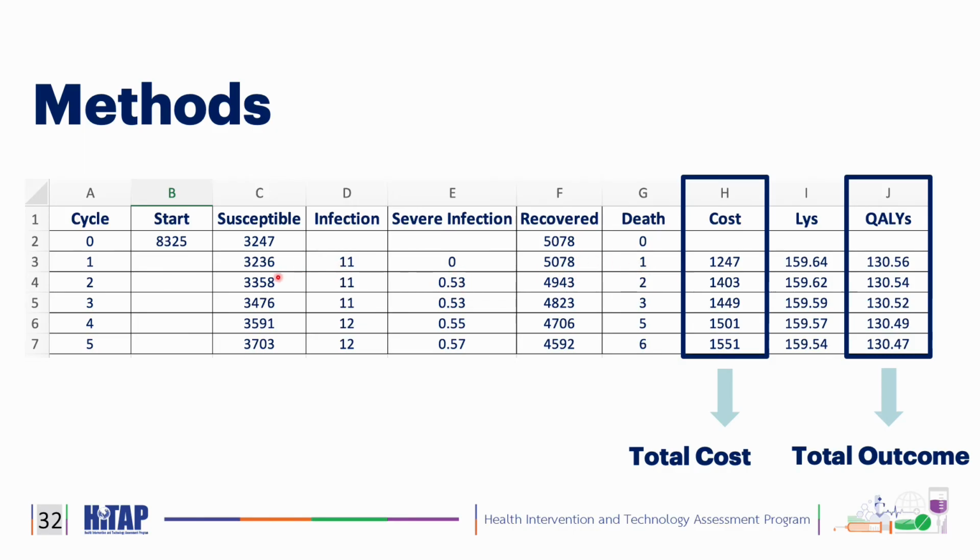And then we run the simulation until we meet the time horizon of our study. What we see now is that we have the cost parameter here and also the quality, which is the utility parameter, multiplied by the life year here. So after we finish the calculation, we will end up with the total cost and total outcome.